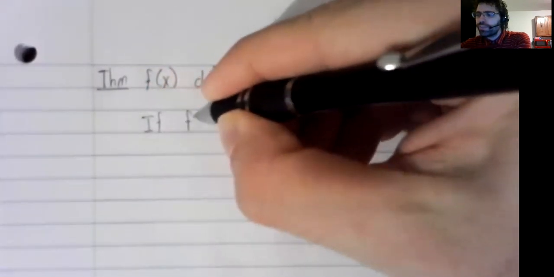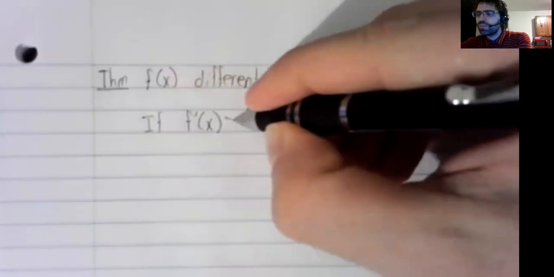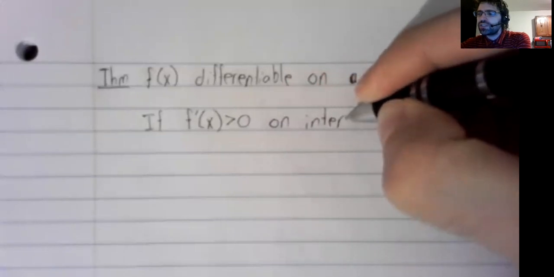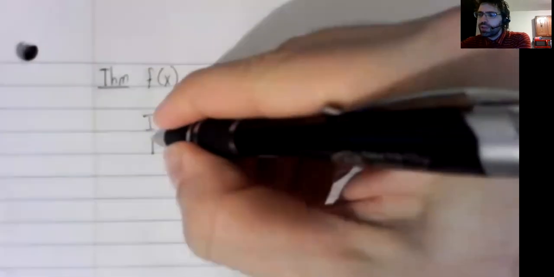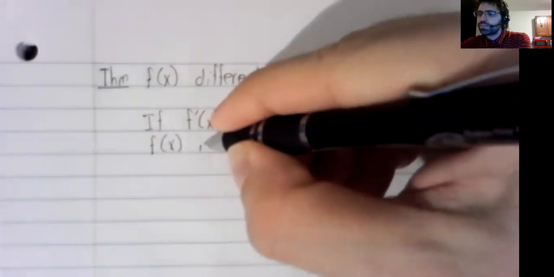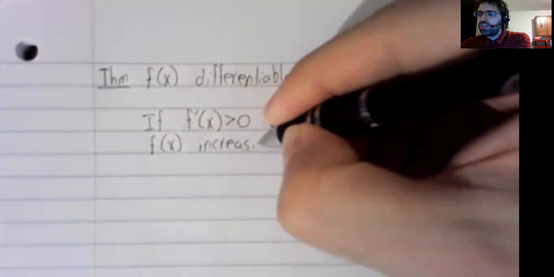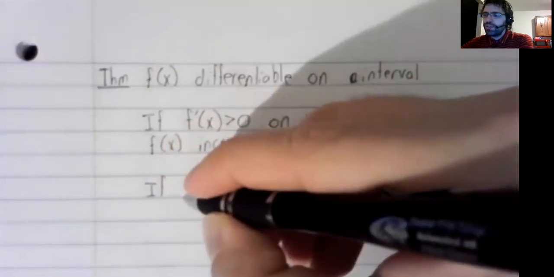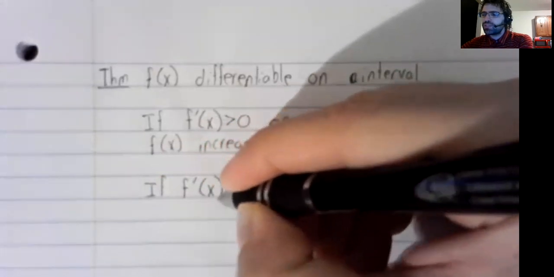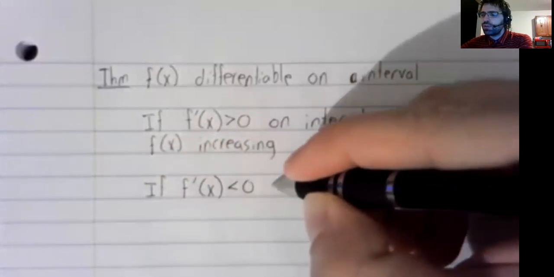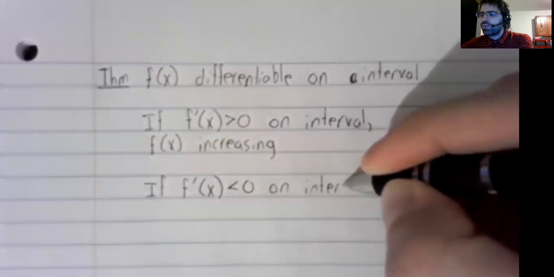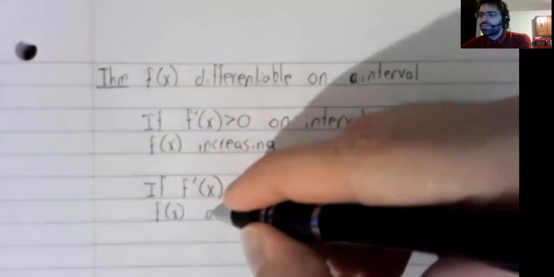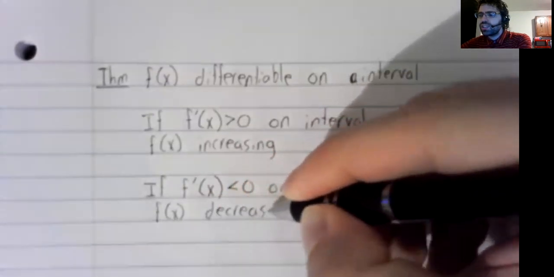If f prime of x is greater than 0 on that interval, f of x is increasing, and if f prime of x is less than 0 on an interval, f of x is decreasing.